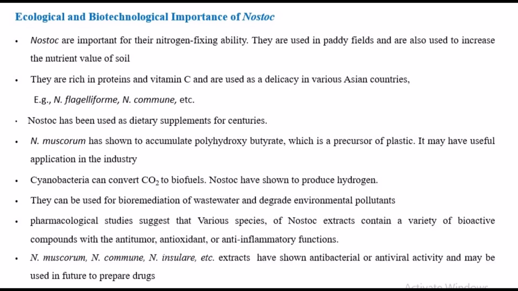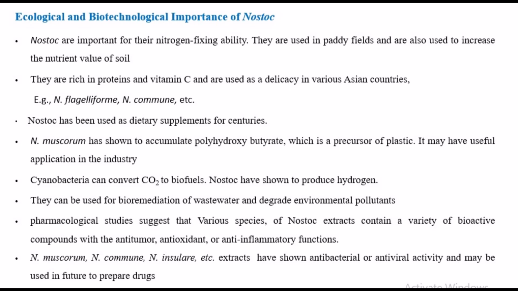Nostoc has a lot of ecological and biotechnological importance. They are important because of their capacity to fix atmospheric nitrogen. They are present in the rice fields and are used to increase the nutrient value of soil. Nostoc is rich in proteins and vitamin C and is used as a delicacy in various Asian countries.